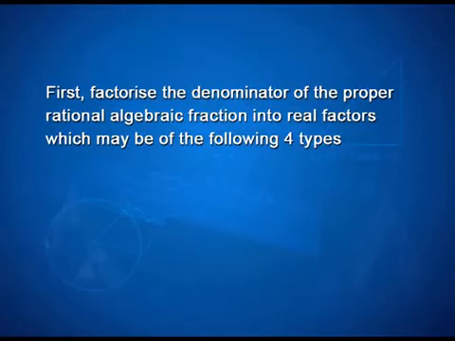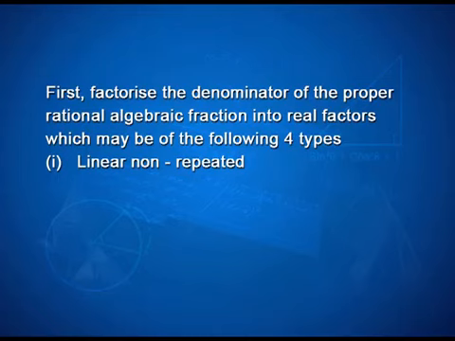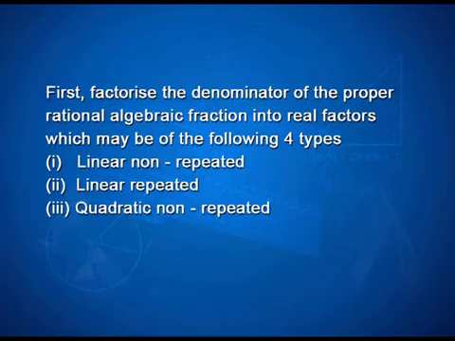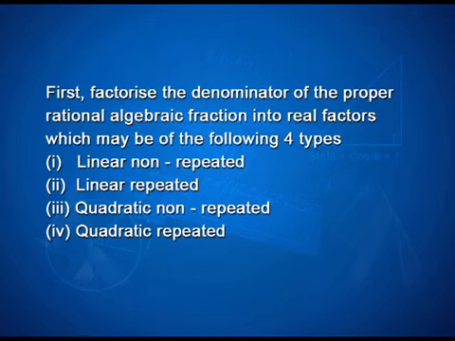First, factorize the denominator of the proper rational algebraic fraction into real factors which may be of the following four types. Firstly, linear non-repeated, second, linear repeated, third, quadratic non-repeated, and fourth, quadratic repeated.